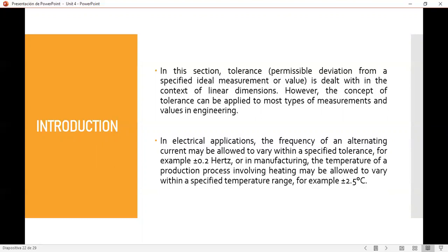So we have two different perspectives, the production process in manufacturing and electrical applications. In all the engineering process, we have the tolerance. Of course, it's different from one range to another. So that's where we have to know, according to our work area, what is tolerance for us.